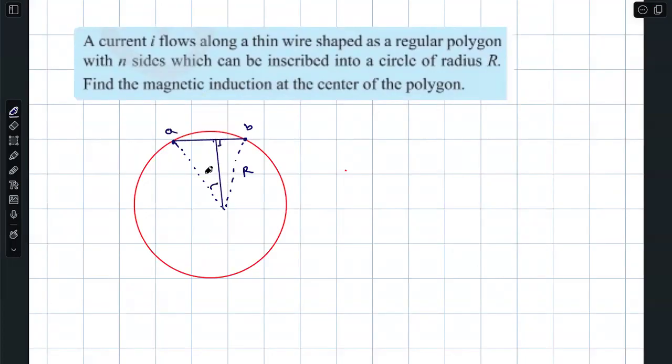Remember, this makes some angle phi, and this also makes an angle phi. Actually, 2 phi is theta, which is given by 2 pi by n. Why? Can someone explain to me why?